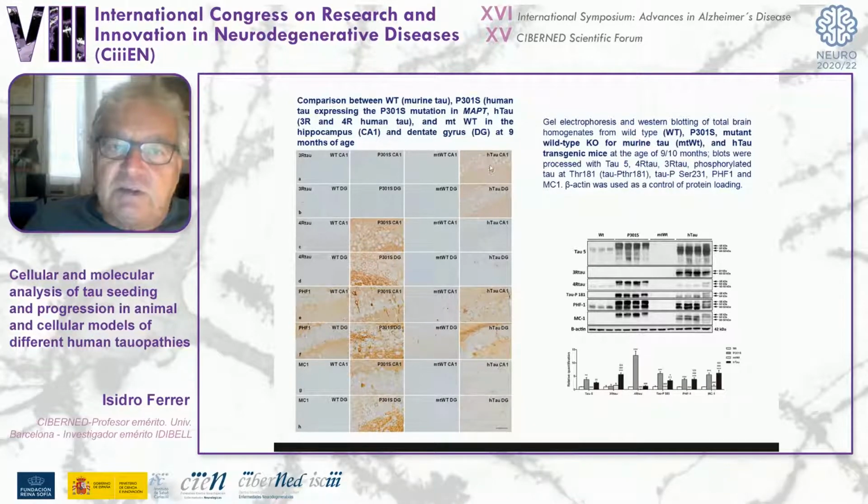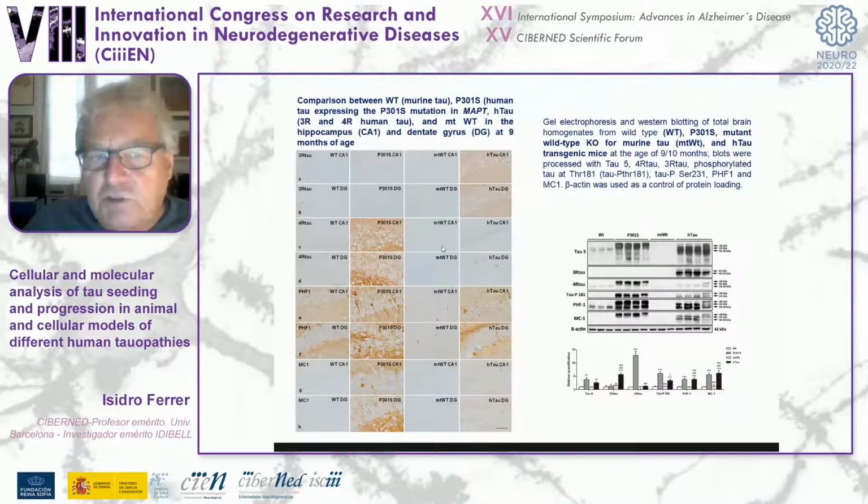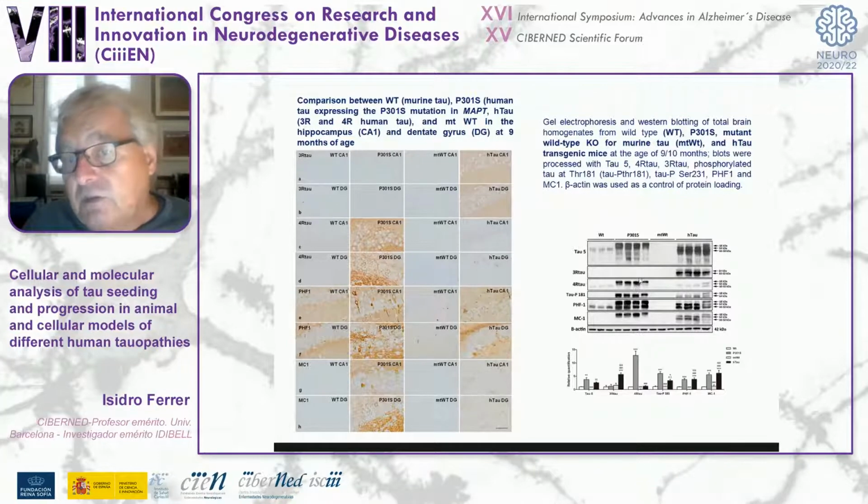What is interesting here is that 3R is much more abundant than 4R tau. The other important point is that the knockout mouse is negative in the hippocampus, in the dentate gyrus, for any form of tau.